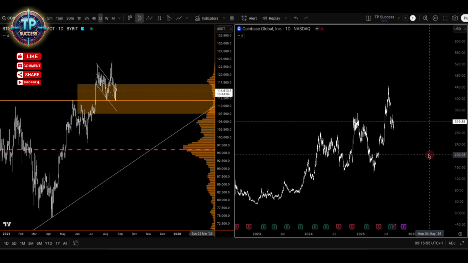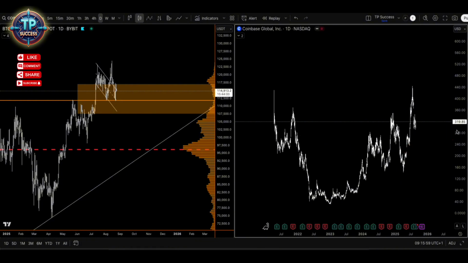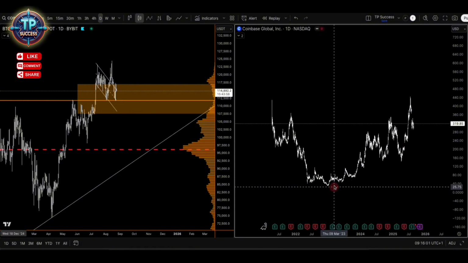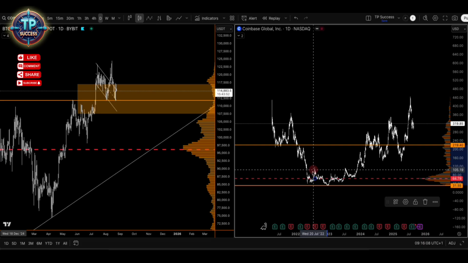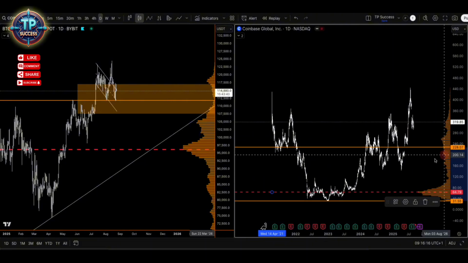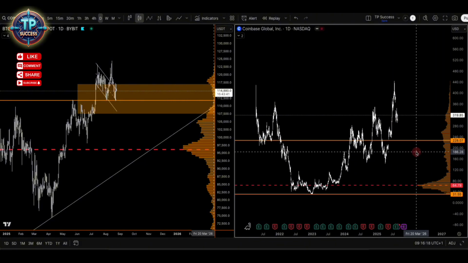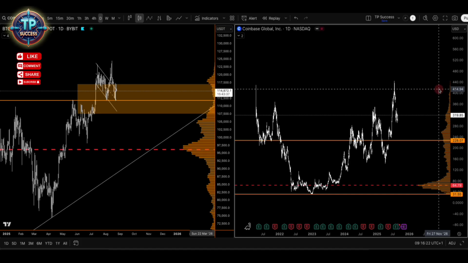So what is Coinbase doing right now? Well, Coinbase is in a solid uptrend once again, okay? So I'm not expecting anything other than uptrends from these companies. If I go as far back as TradingView will let me go, we can see that this too is holding the vibe of Bitcoin, right?